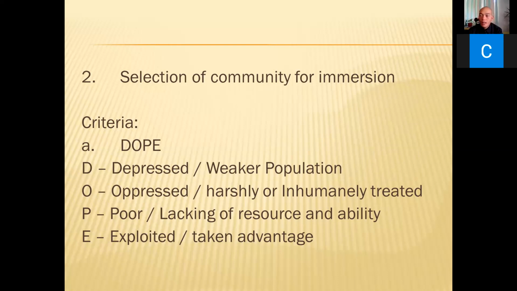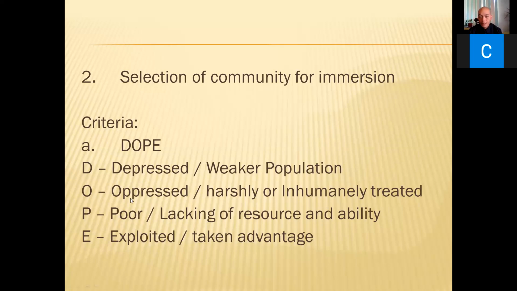They are the weaker population not only financially but also intellectually. So they do not know much about health, and they are the ones who will benefit in terms of health education, free health services, house to house. Those are the depressed and weaker population.